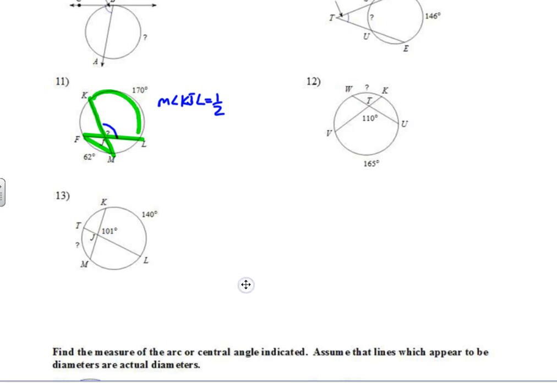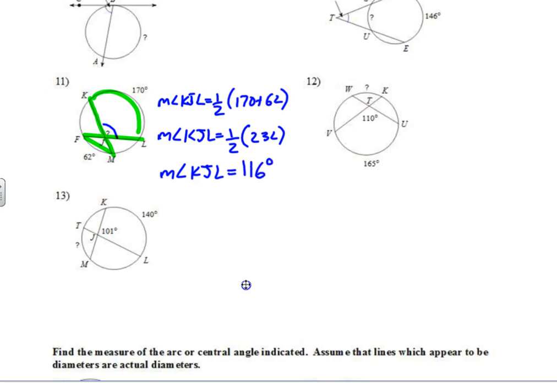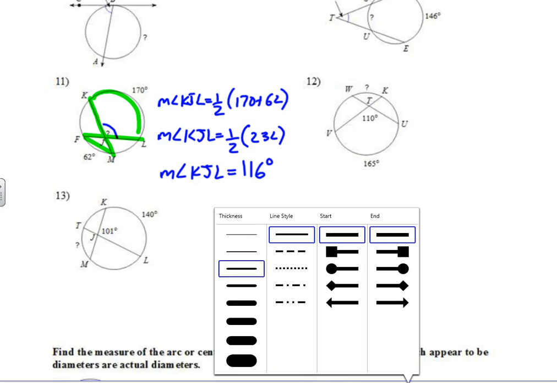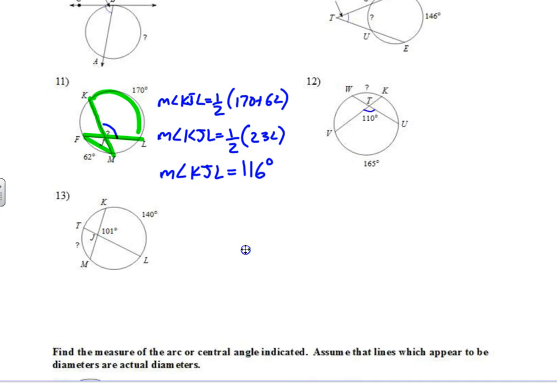So it's half the sum. So 170 plus 62. So the measure of angle KJL is 1/2 of 232, which would be 116.